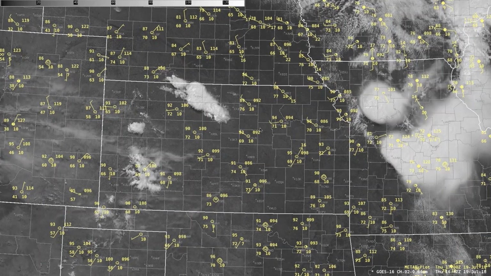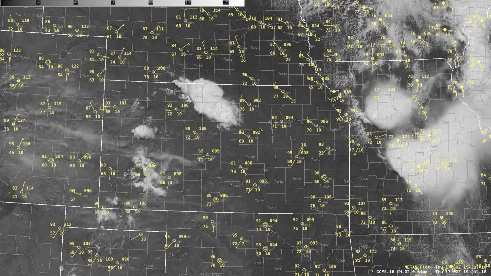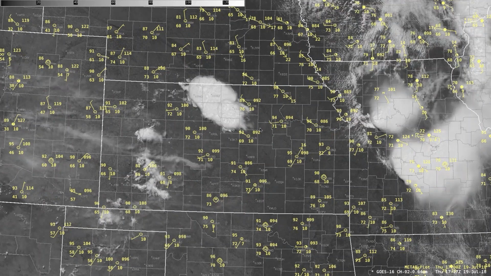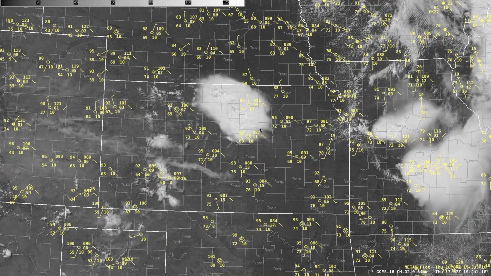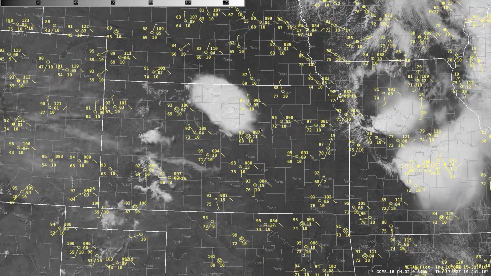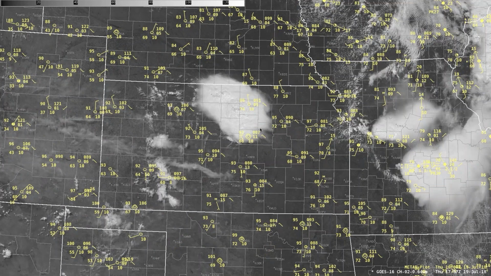So that would suggest that we would start getting a realignment of cells to something more north-south as cold pools do amalgamate, because we'd expect new updrafts to begin developing on the leading edge of that outflow orientation as they ingest that high theta-e air over northeast Kansas.